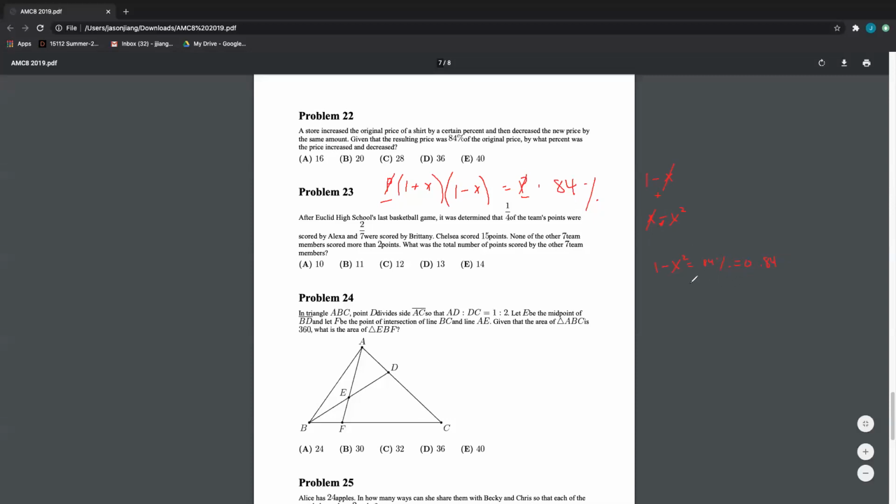Subtracting 0.84 from both sides, we're left with 0.16. And adding x squared to both sides, we get it on the right side, and it's removed from the left side.